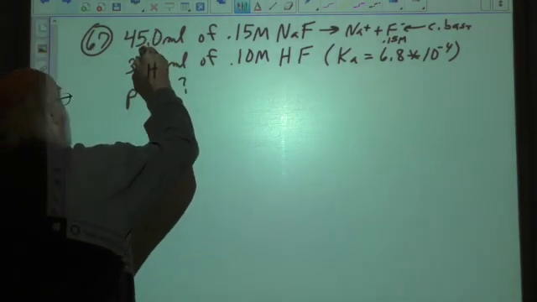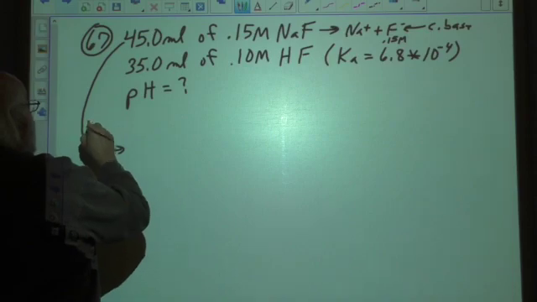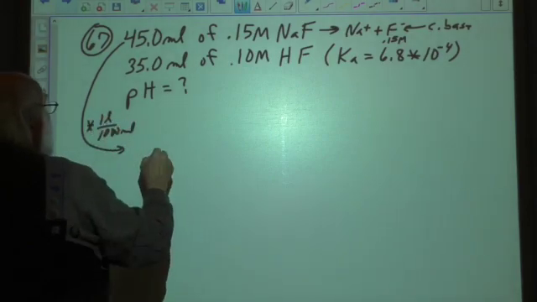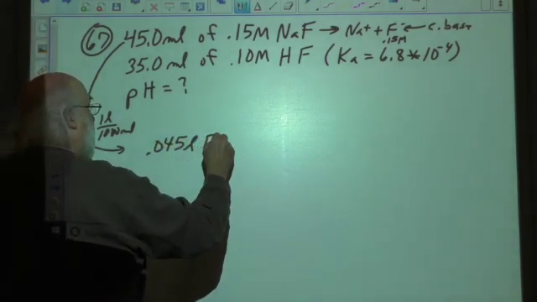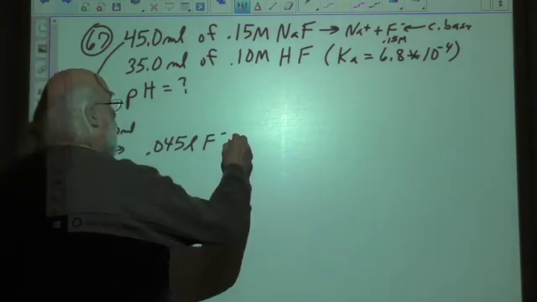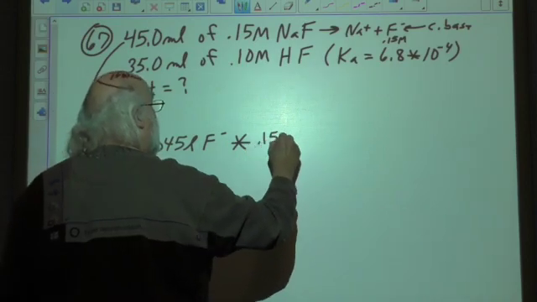So we're going to take this 45 milliliters right here and change that to liters. Multiply that by 1 liter over 1,000 milliliters. And we get 0.045 liters of F negative. And we're going to multiply that by the concentration, which is 0.15 moles per liter.